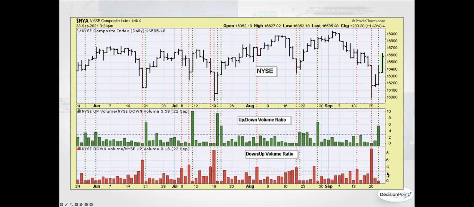If you get above 3 on your down-up volume ratio, that's considered a climactic reading. When you get above 3 on the up-down volume ratio, that is that arbitrary threshold, and if it's gotten above it, that is a climax day.